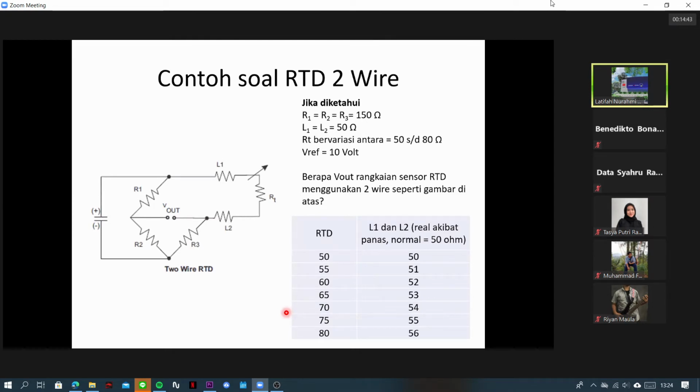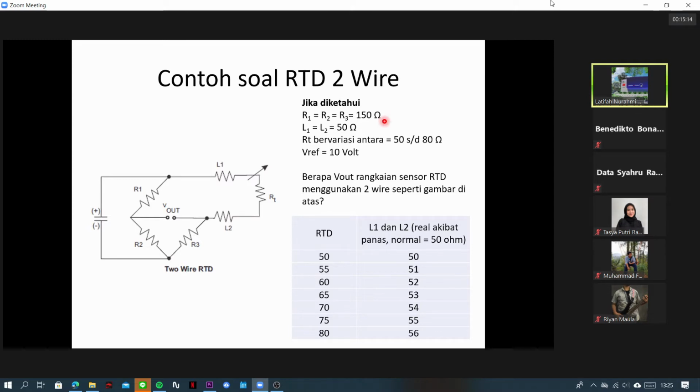So now let's take a look at an example for two wires RTD. For two wires RTD, we have all the values. Now the L1, L2 is in terms of resistance, in terms of ohm. All three resistances, 1, 2, and 3, have equal values, 150 ohms.